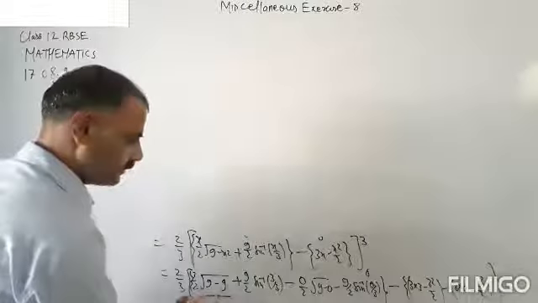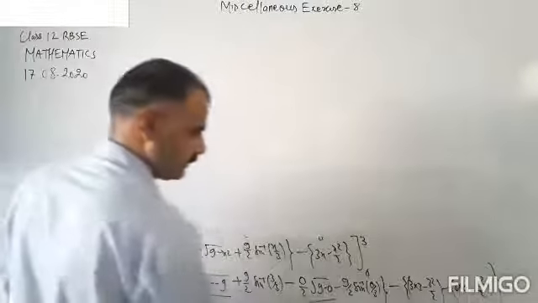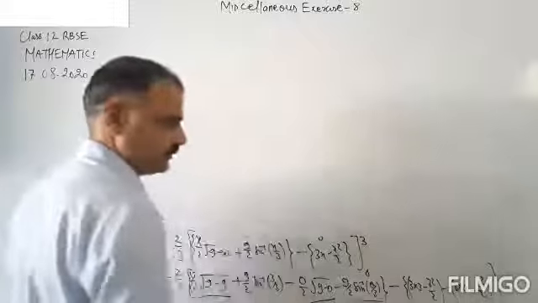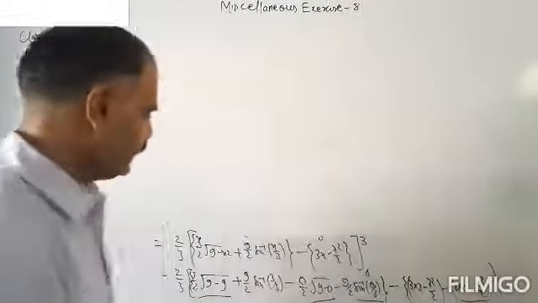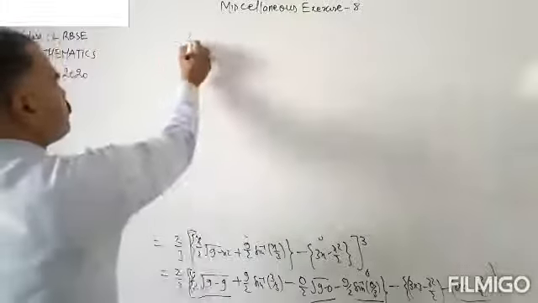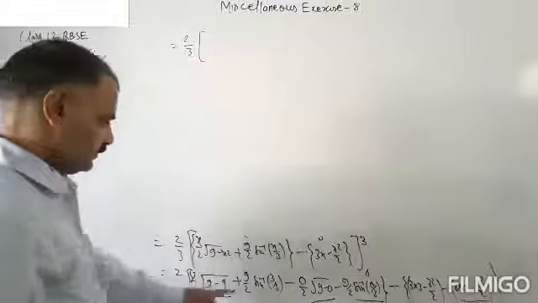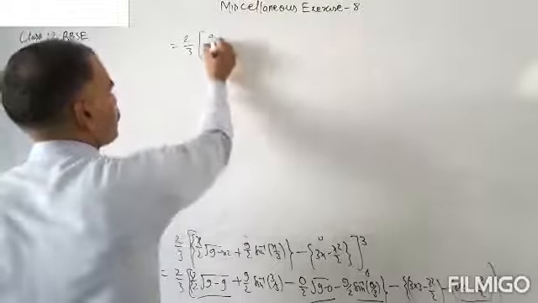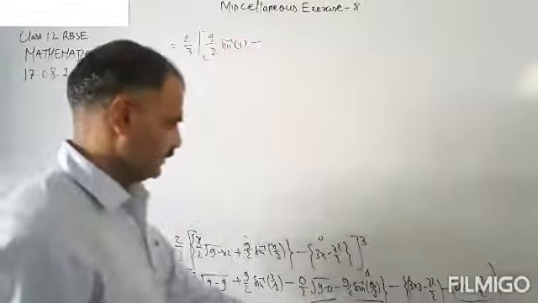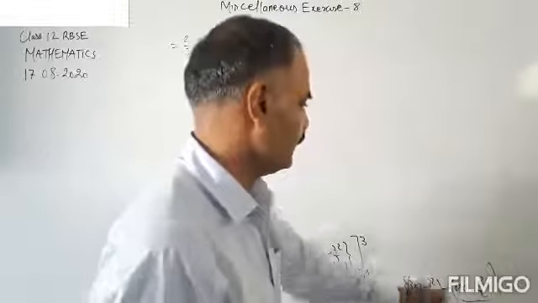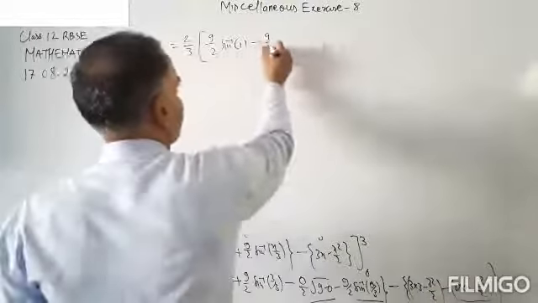Now this one is 0, this one is 0, this one is also 0, and this one is also 0. So the remaining terms are 2 by 3 into [9 by 2 sine inverse 1 minus (9 minus 9 by 2), that is 9 by 2].